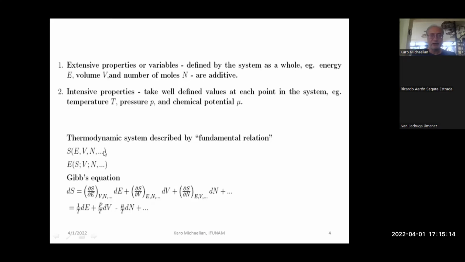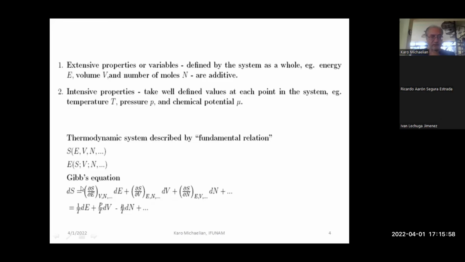If we take the entropy representation, we can write an equation which relates all of these variables just by doing an expansion of dS, the change in the entropy. It's just partial S with respect to partial E, the energy, at constant volume and number of moles, times dE, plus partial S by partial V, at constant energy and number of moles, times dV, the volume, plus partial S by partial N, the number of moles of substance, at constant energy and volume, times dN, and so on, if you have more variables defining the system.